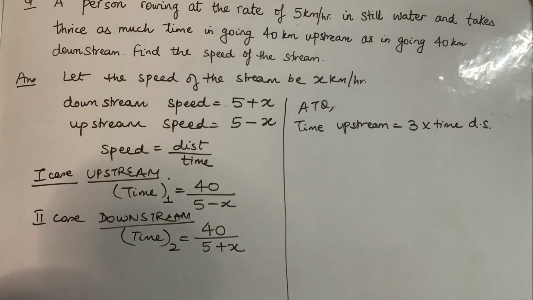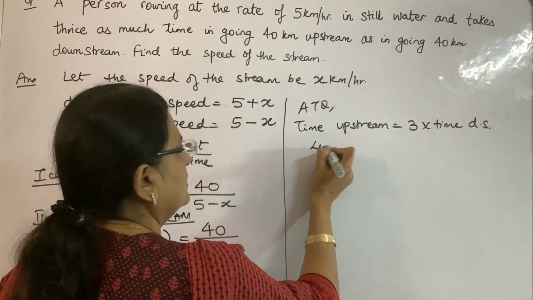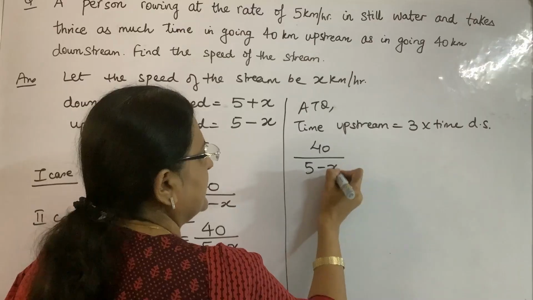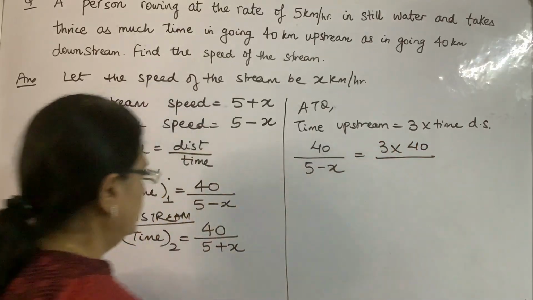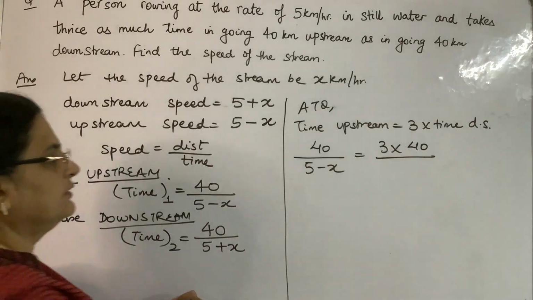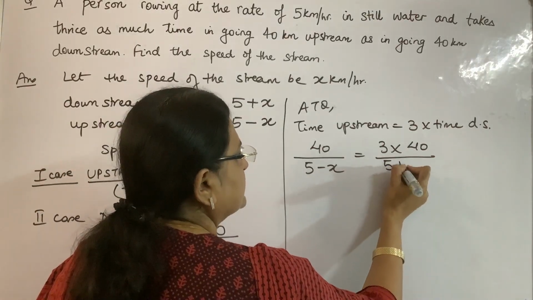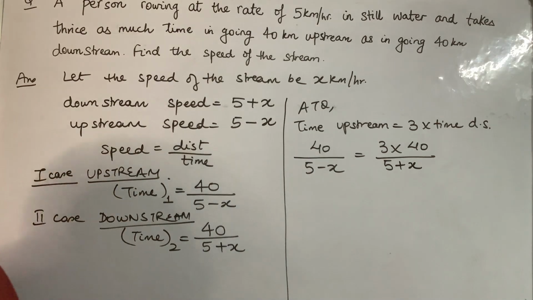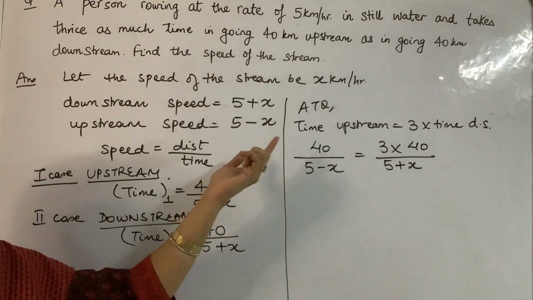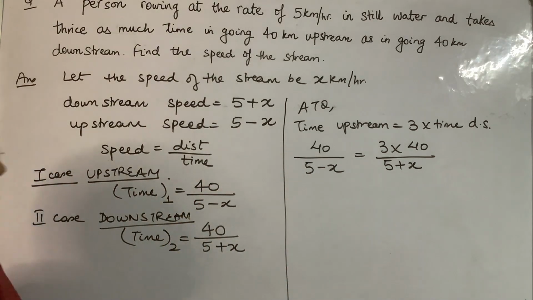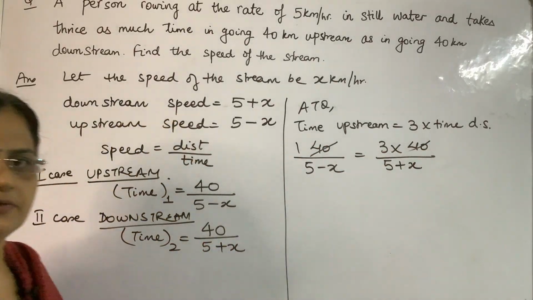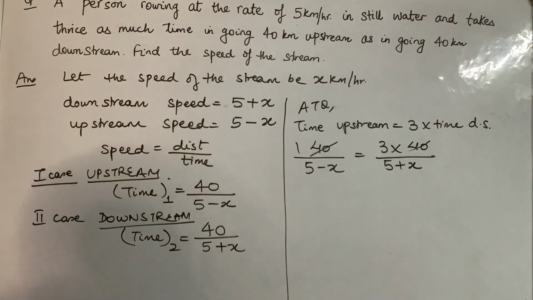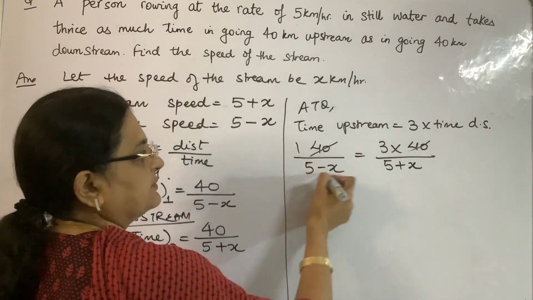Now just substitute the values. What is the time upstream? 40 upon 5 minus x is equal to 3 into 40. And what is the time downstream? 5 plus x. Agreed? Form a word equation, substitute the values. Cancel this, you're left with 1 and this cancels out. Because it is multiplication, you can easily cancel. Now cross multiply.